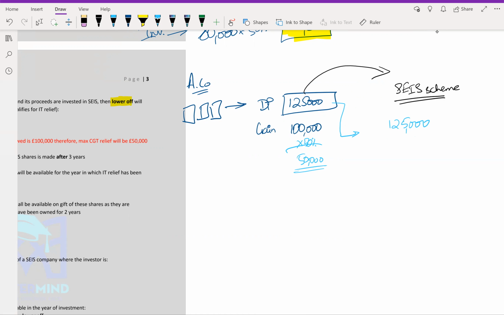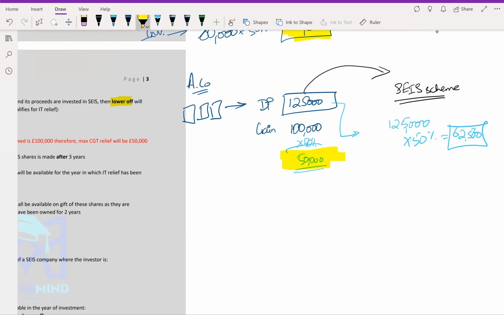I'm assuming that I'm investing the entire 125,000 pounds. Don't get confused. Now, 50% would be what? 62,500, right? Which one is lower? 50,000.